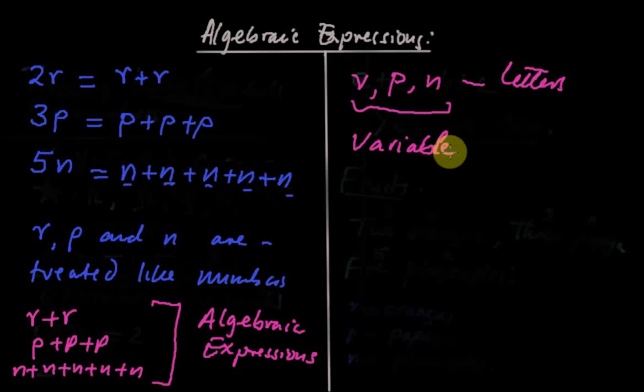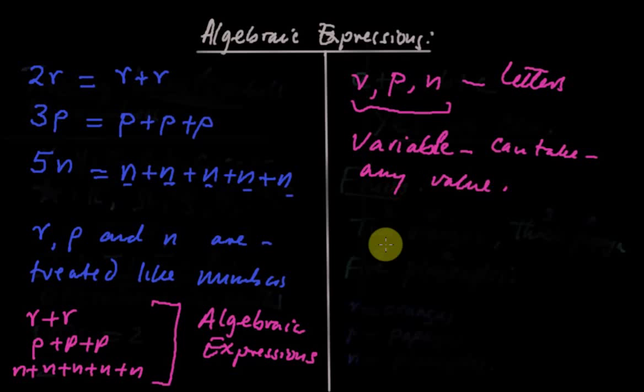So a variable can take any value. That's what we call a variable: a letter which can take any value. So we say that these letters we use here are called variables because they can take any value.